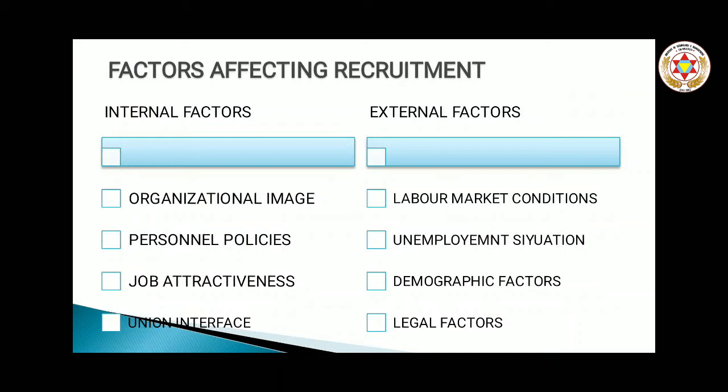These are your demographic factors. For each job, these criteria are totally different, as are the physical traits required. Then the legal factors, like the reservation for different classes in the organization, either OBC reservations or women reservation.